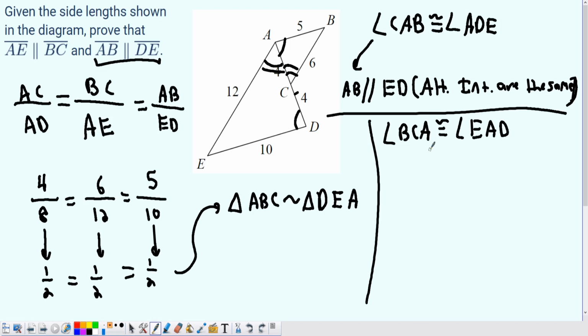So, same reasoning as before, this proves that AE is parallel to BC. And that is the problem, and a great way to use side-side-side similarity to discover some interesting properties of angles.